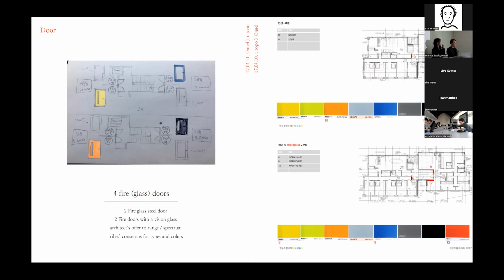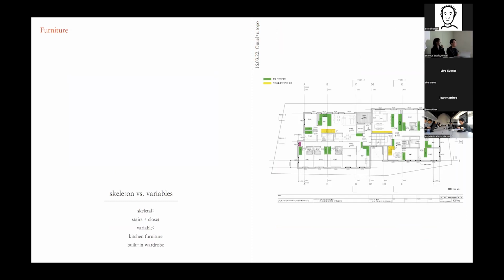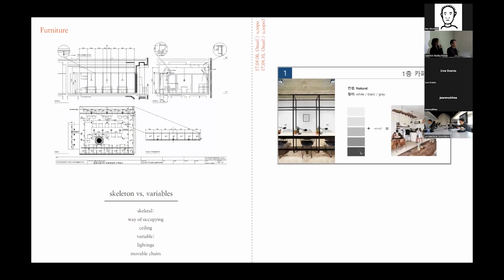So this is the community sketch. And also we coordinated what kind of furniture we design and what kind of furniture the community does with the kitchen supplier, for example. For the furniture, as an architect, we try to give an idea about how we occupy the space and how we face the window, for example, and the ceiling space.